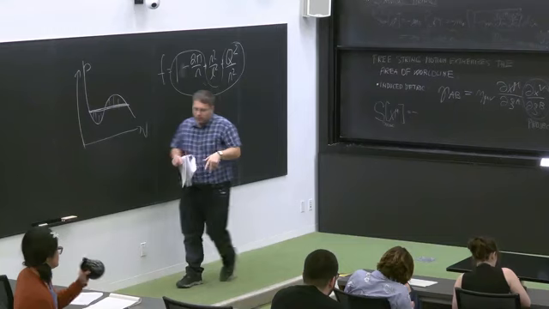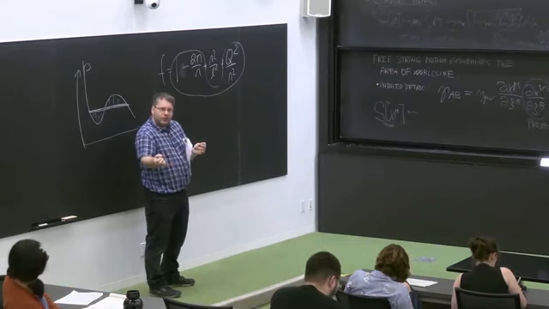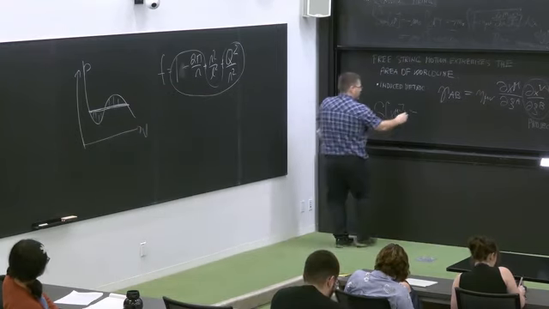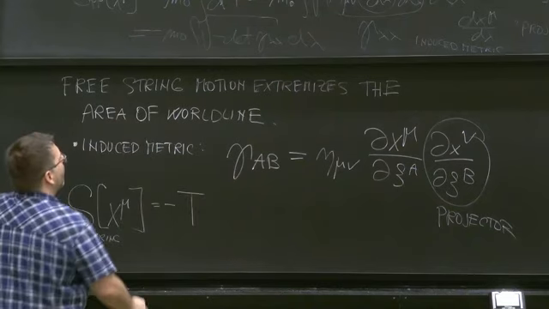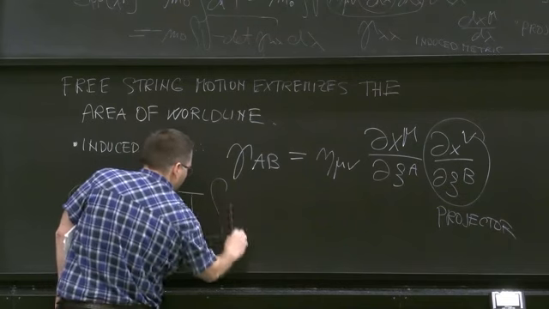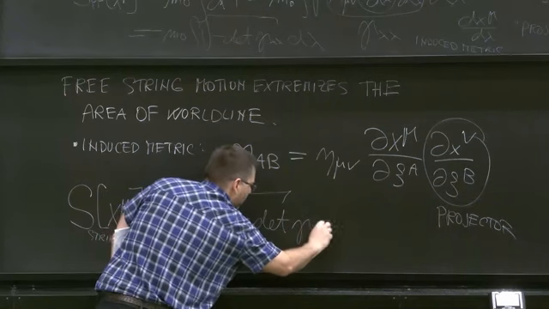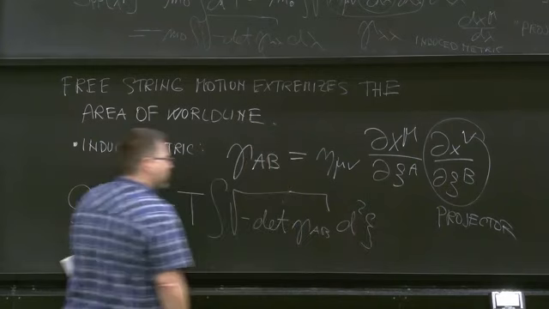So the string has something like mass density or tension. And so there will be the corresponding tension of that string. And then it will be an integral of the square root of minus determinant gamma AB d square of psi.